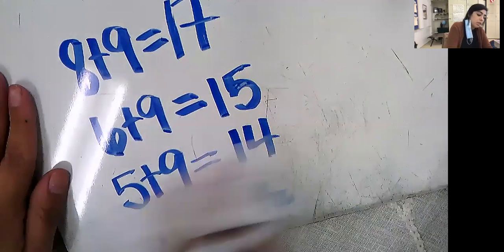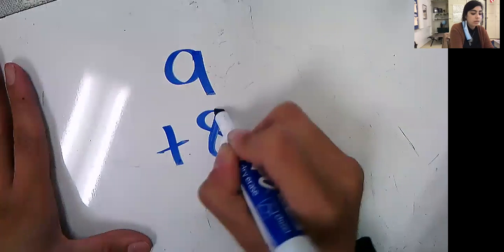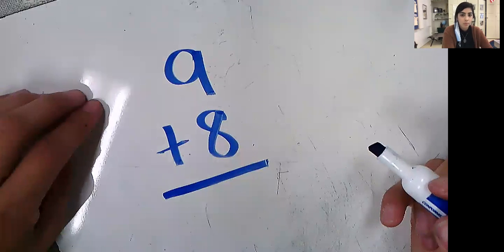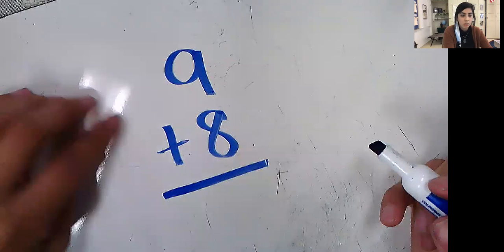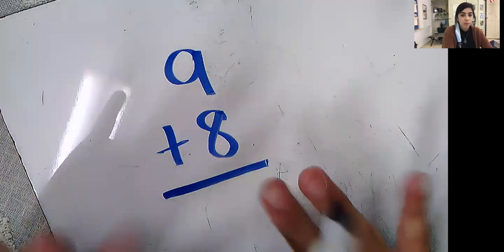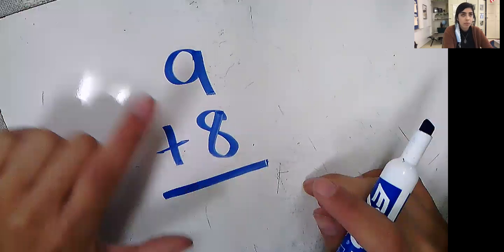Okay, so let me show you a different way again. So let's say I have 9 plus 8. What we're going to do is we don't need to use our fingers. I'm going to show you a trick. 8 plus 10 would be 18, right?